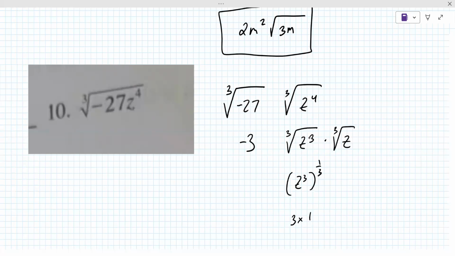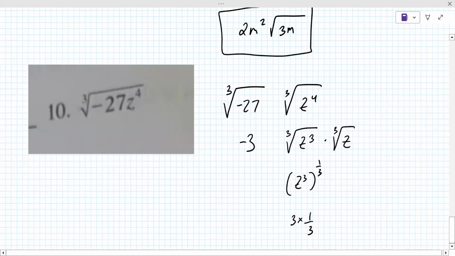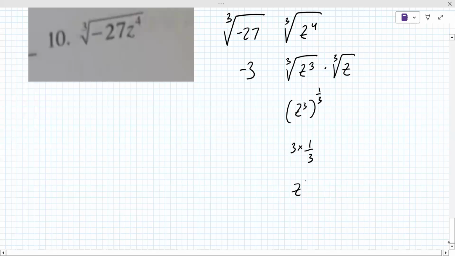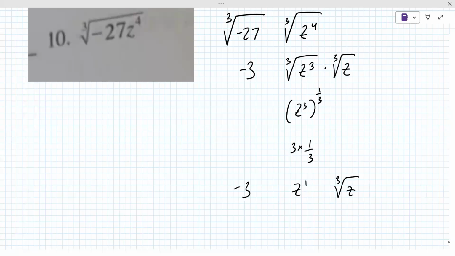And 3 times 1/3, what does that equal, Josh? 1. So this is just z to the 1 here. The -3 comes down, and then you've got the cube root of z. So you have parts outside the root and inside the root. Okay. So the outside would be -3z. And then cube root of z. Yes, you got it.